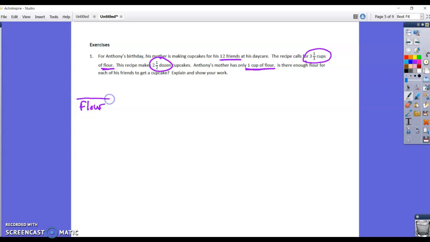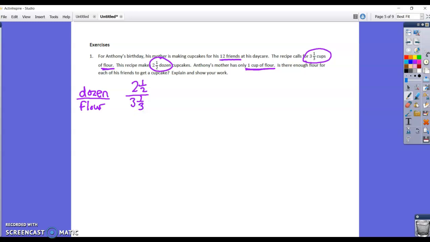And therefore the number of dozen, and we're going to do it as dozens. So the number of dozen is at the top of cupcakes. So we have 2 1/2 over the amount of flour, which is 3 1/3.